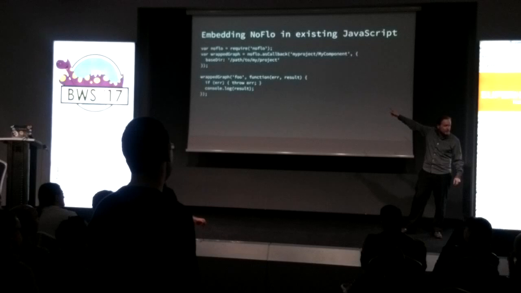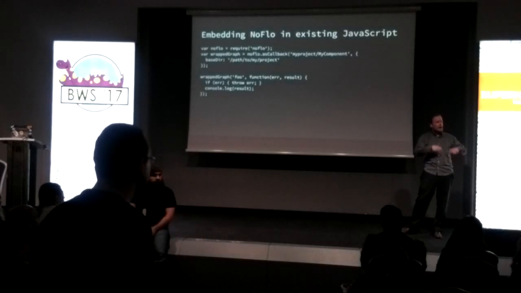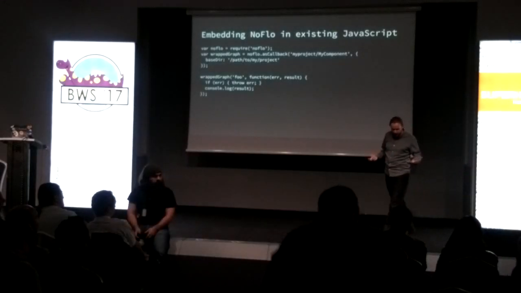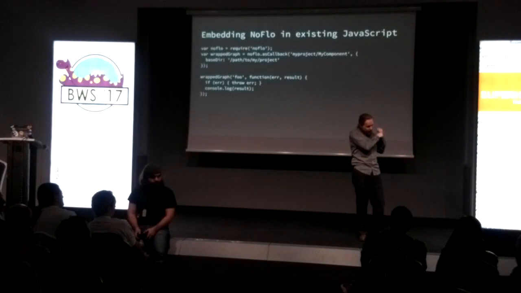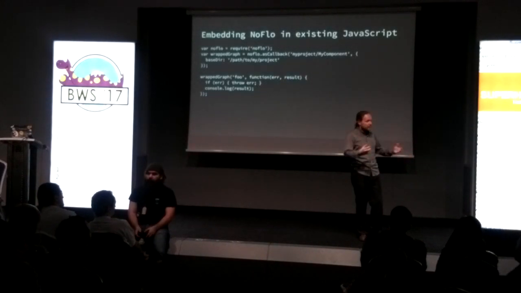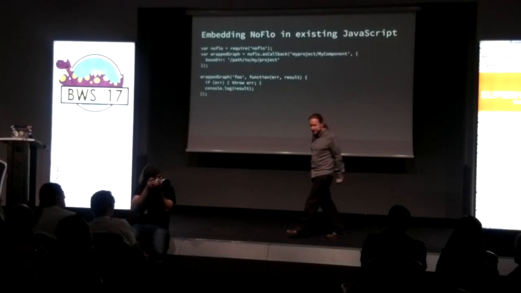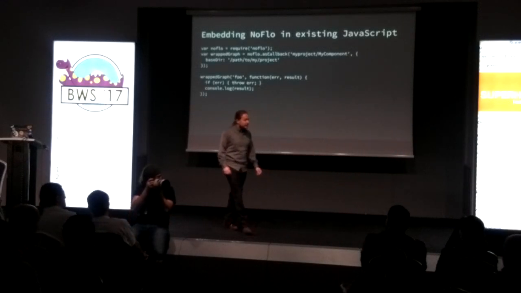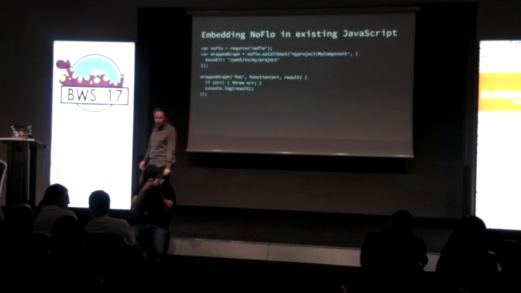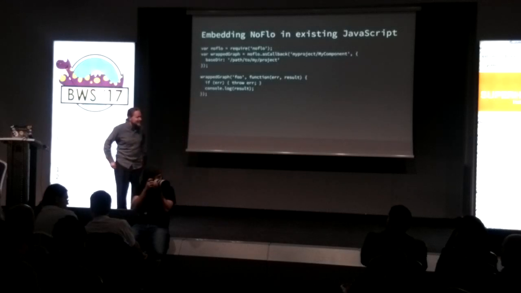So when you do the require, it loads NoFlo, and then NoFlo loads its component library and so on. So that will mostly just work. And that's the way we built our own stuff too. Okay, anything else?